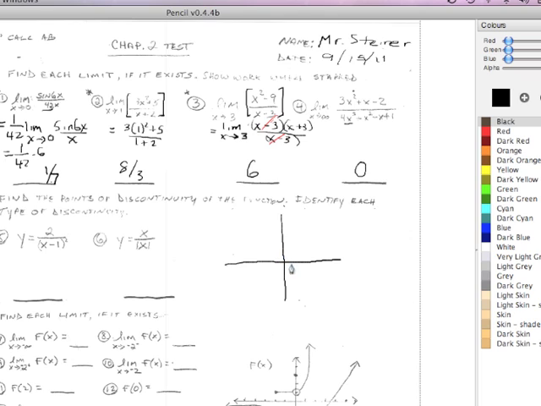We have an asymptote. This function is always going to be above the x-axis because we're squaring the denominator and the numerator is positive. So as it gets closer and closer to x equals 1, it goes like this.